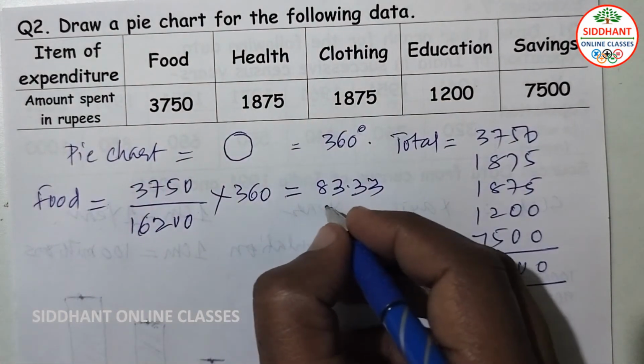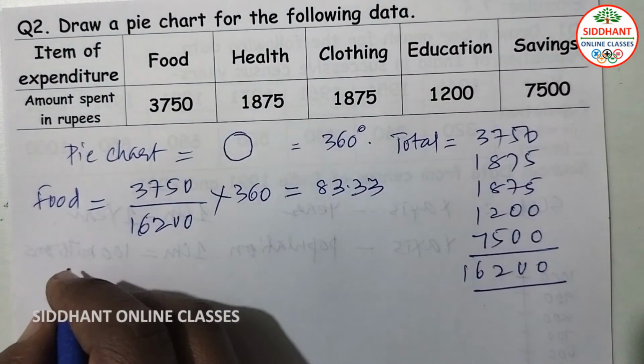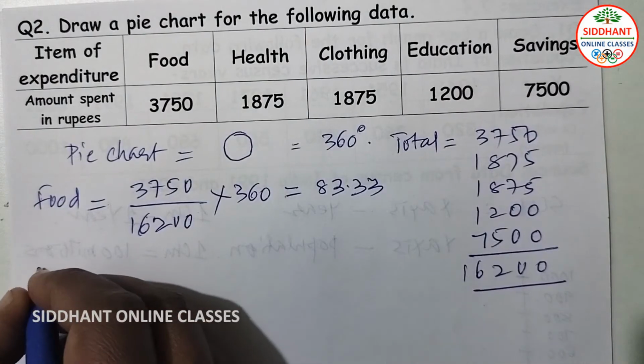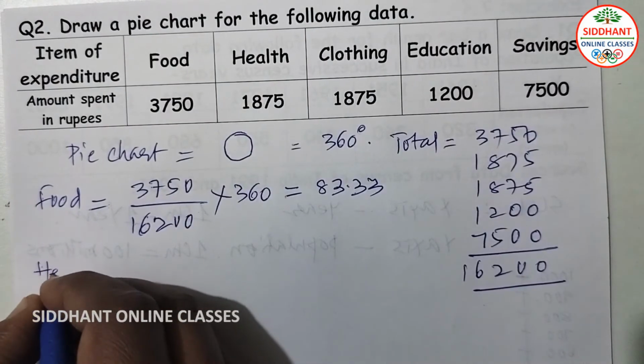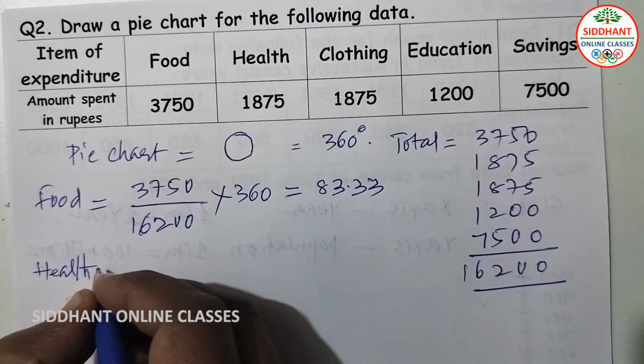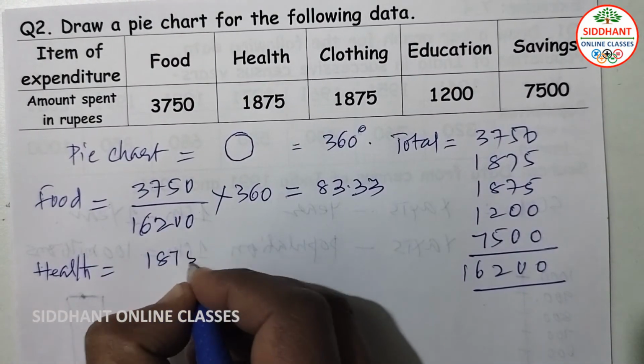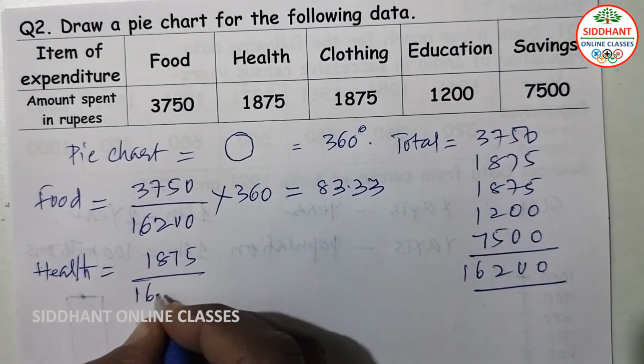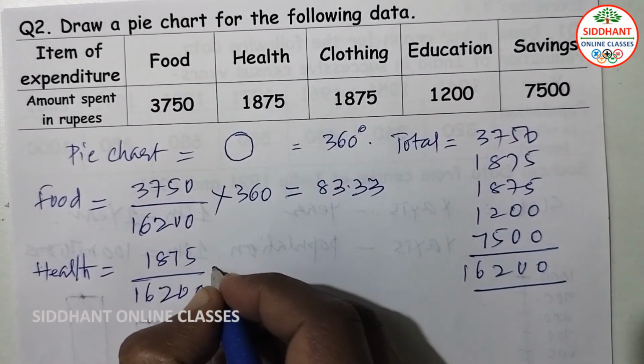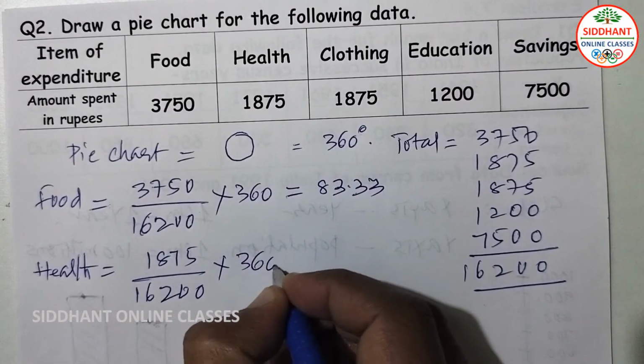Next item we are going to see is health. For health, the amount is 1875 by total 16,200 into 360.